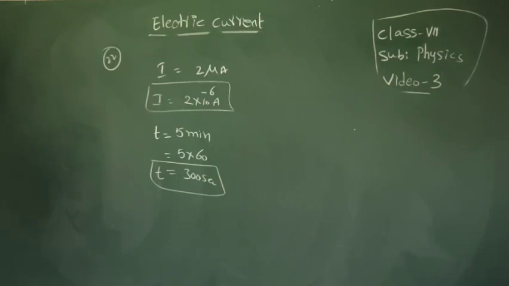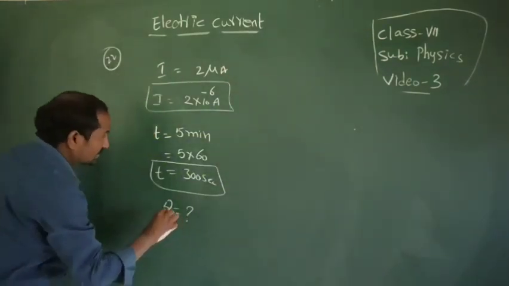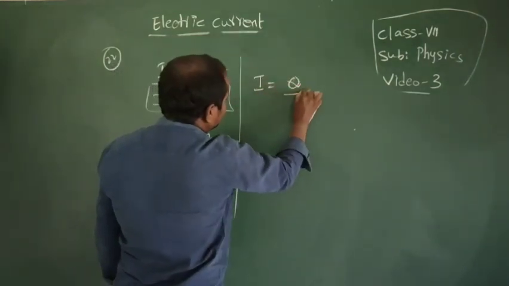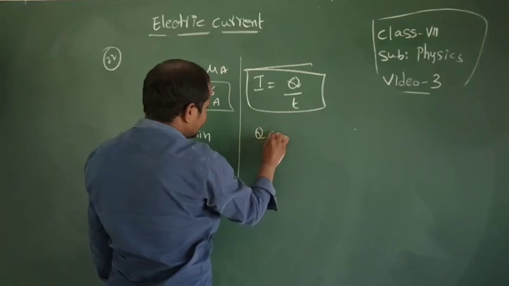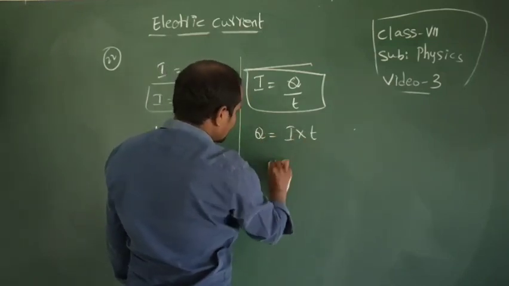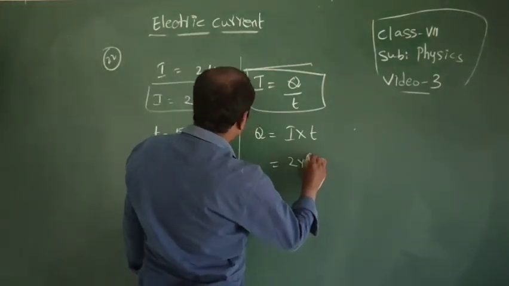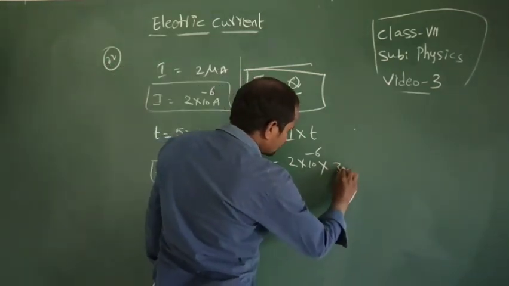Then find the charge. So here Q equal to how much? We know that I equal to Q by T. From this we can write Q equal to I into T. So what is I value? 2 into 10 power minus 6 into T, that equal to 300.